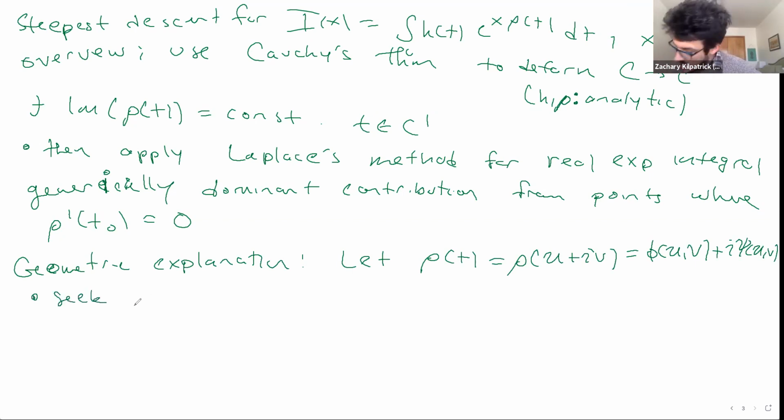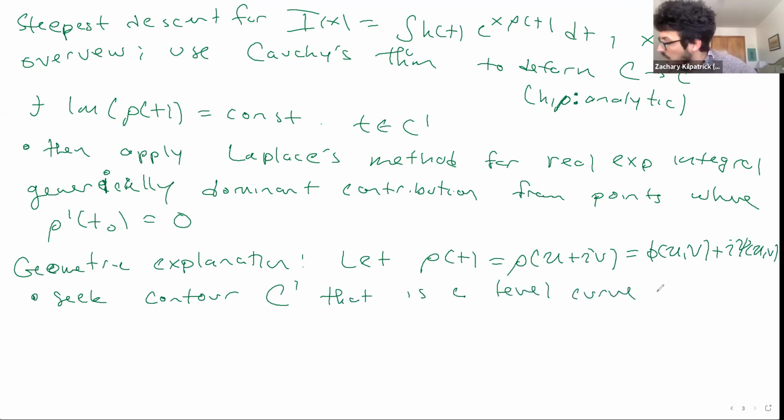The idea is to seek this contour C prime that is a level curve of psi of u, v equals psi of u0, v0, okay?